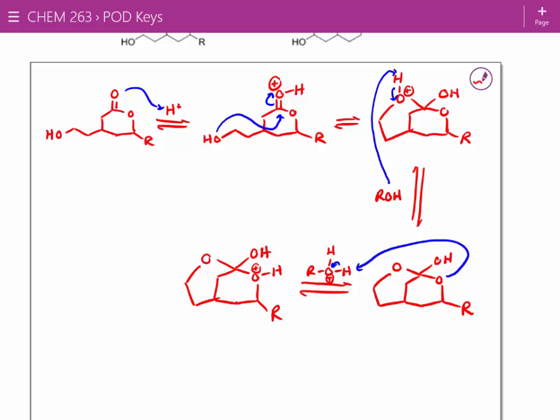All right, what do you guys think the next step is? Push down the lone pair from the alcohol? Exactly, so we do a malicious shove, kind of like we saw before.